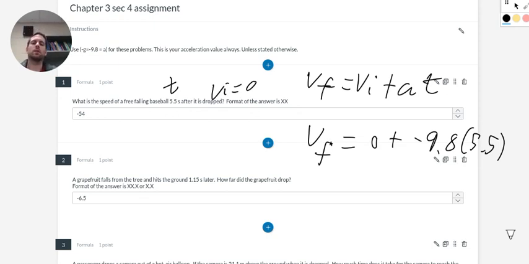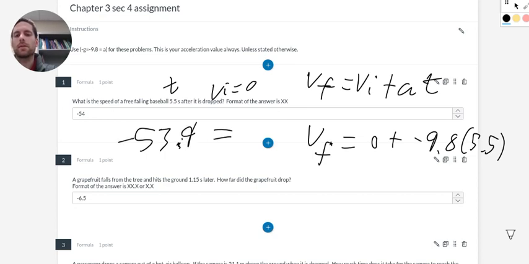So I'm going to get 9.8 times 5.5. That's going to give me 53.9, but that's a negative, and we round that because it's no decimals, so 53.9 negative. And here is our value.